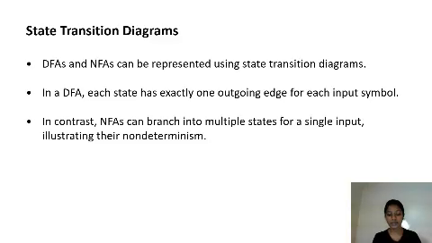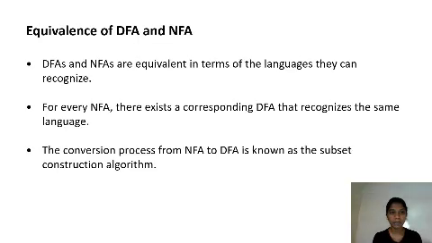A DFA processes both valid and invalid strings in a regular language, ensuring that all valid strings lead to a final state and all invalid strings result in a non-final state. Each input string produces a unique, predictable computation, enabling the DFA to be fully automated.